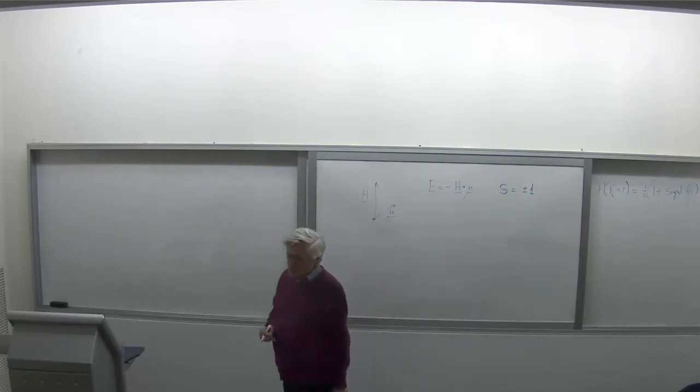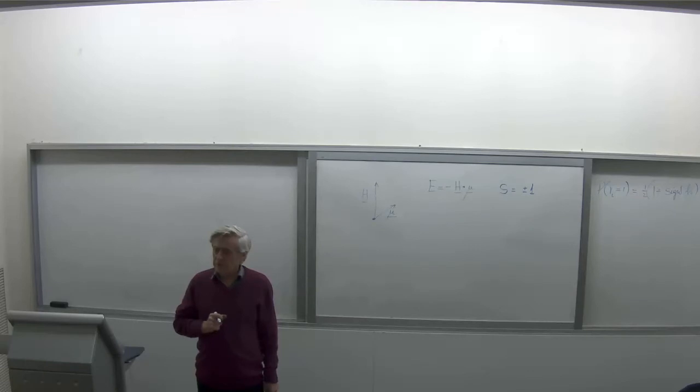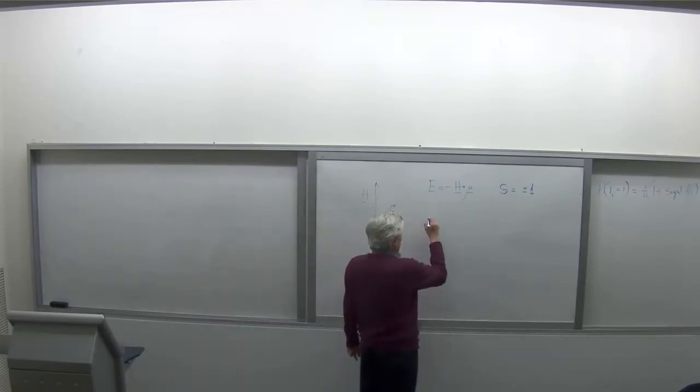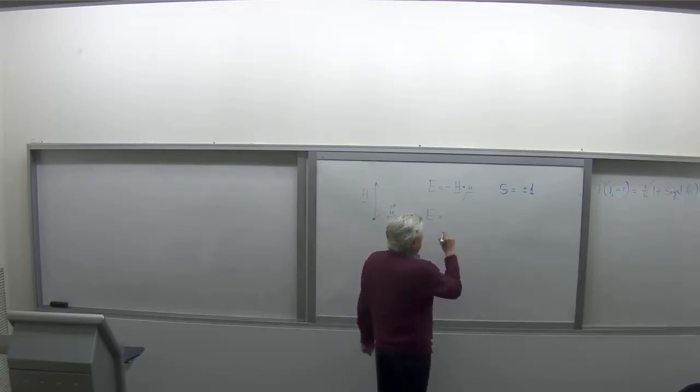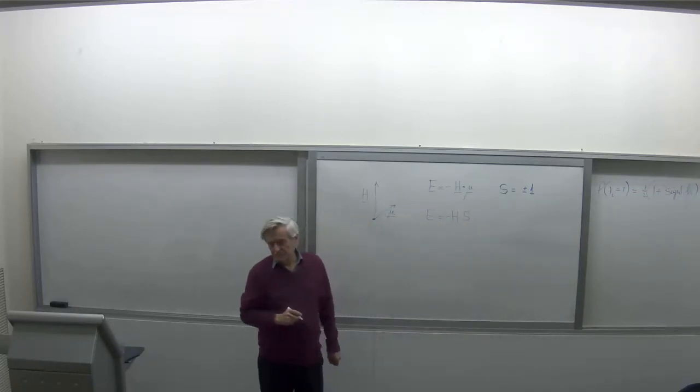Plus or minus refers to the direction of the dipole with respect to the magnetic field, and so there are 2 energies. E is equal to minus HS.